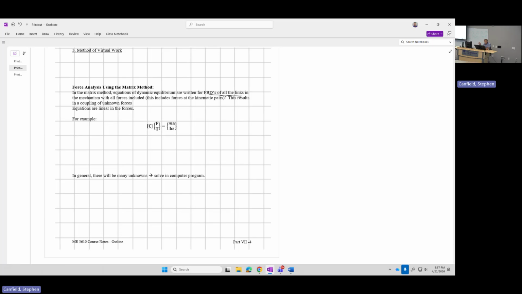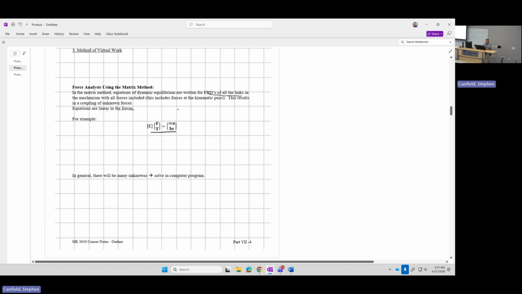I'll write it for the x, y, and the sum of moments. That's going to give me a system of equations that are linear in the forces. I'm then going to write them out this way: some coefficient matrix times my vector of unknown forces, and here I'm saying forces and torques equals ma, and then I'm adding the torque term as well and the I alpha.